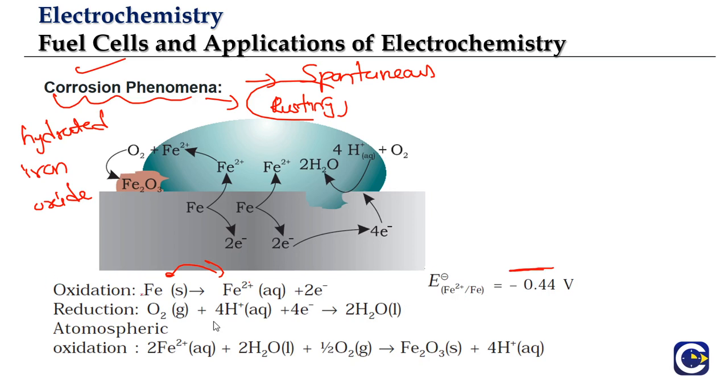So if you see this, this is the oxidation, so it must be like what? The anode part. And if the atmospheric oxygen O2 is getting reduced, the reduction potential for that is 1.23 volt. So this we can see as the cathode equivalent.